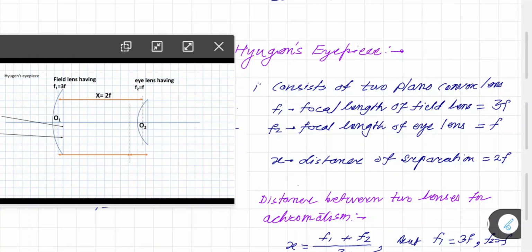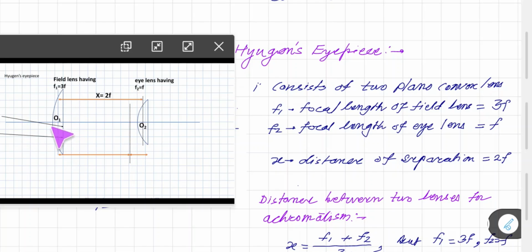And the third important thing, remember that as these rays are incident on the field lens, the image of the object for the field lens is not yet formed.